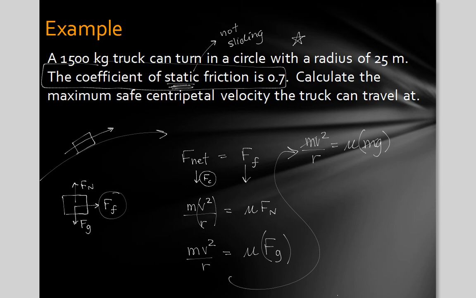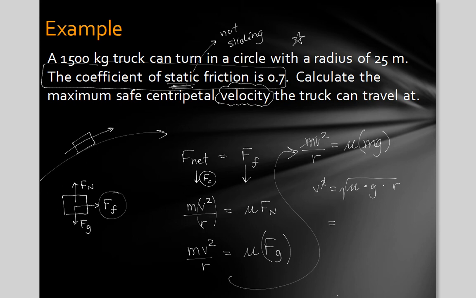And then they're asking us to isolate for the velocity. So we can take that r downstairs on the left, upstairs on the right. We get mu times g times r. And then of course we can square root this to solve for v.